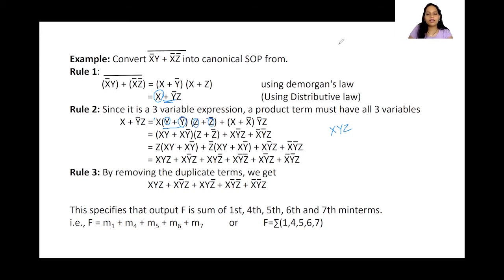We have done something like this before also, so I hope you are understanding this. Next, in yz, what is missing? x is missing, so we are multiplying it with x and x bar, right? Now we are opening the bracket and multiplying, so we get x y bar, z bar remains the same. Here we are opening the bracket and we get this step, right?